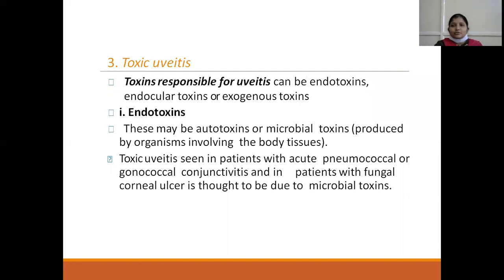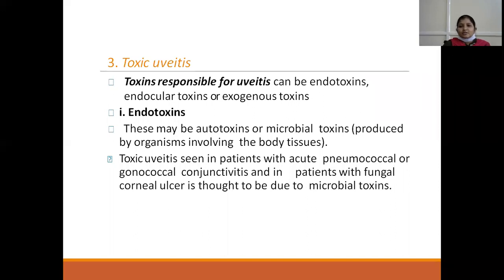Next, coming to toxic uveitis. The toxins which are responsible for uveitis can be either endotoxins, exotoxins, also known as exogenous toxins, and the other one is endocular toxins. So what are endotoxins? These are autotoxins or microbial toxins which are produced by the microorganisms which have invaded the body tissues.